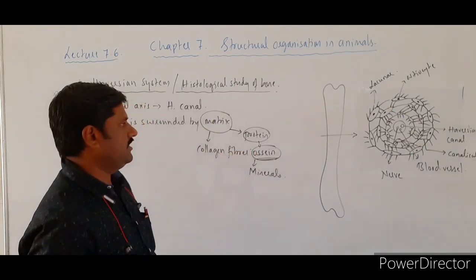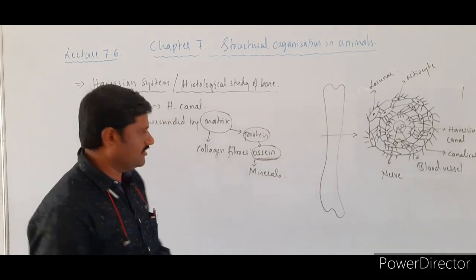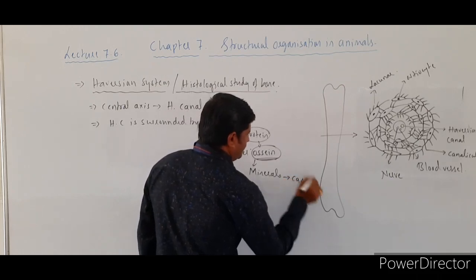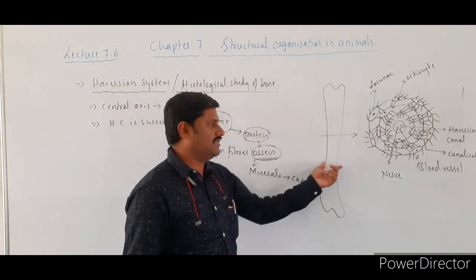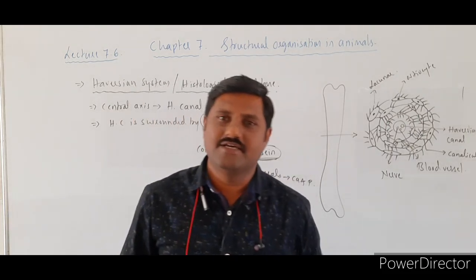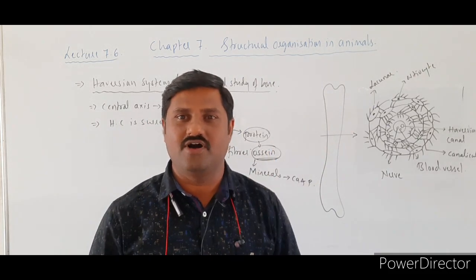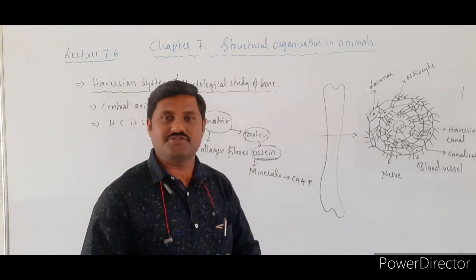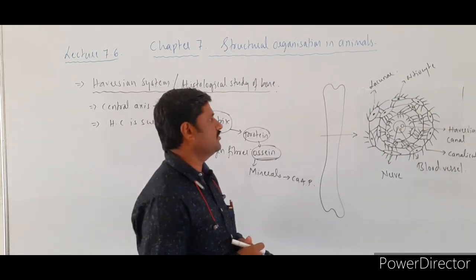The matrix contains a specialized protein, and minerals are also present, especially calcium as well as phosphorus. Calcium and phosphorus are rich in the bones. Already I had mentioned in the last class that this skeletal tissue is responsible for the storage of calcium as well as phosphorus. So this is rich in calcium and phosphorus, and these minerals are also present over there.